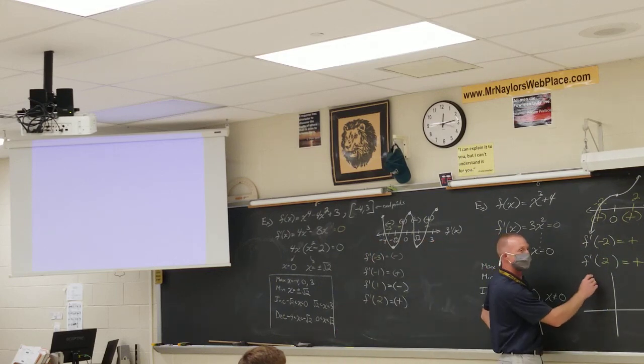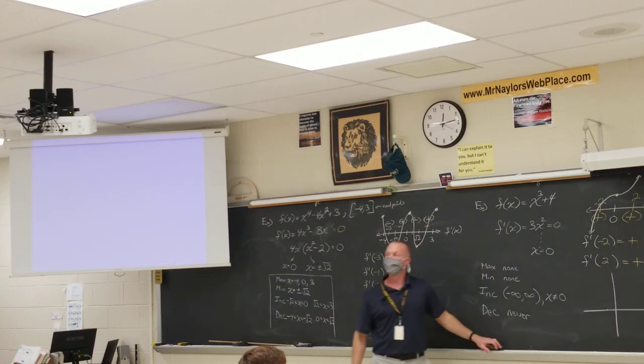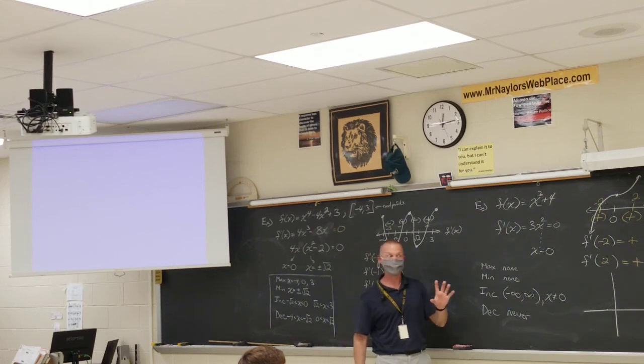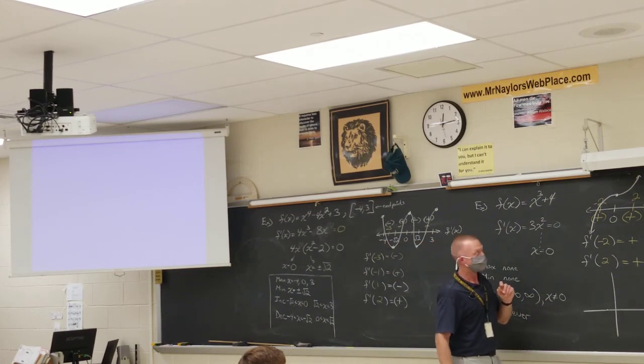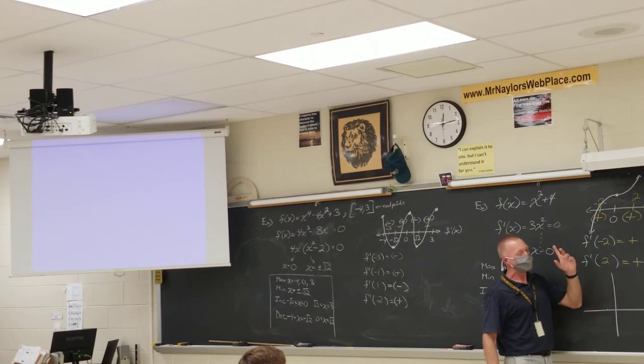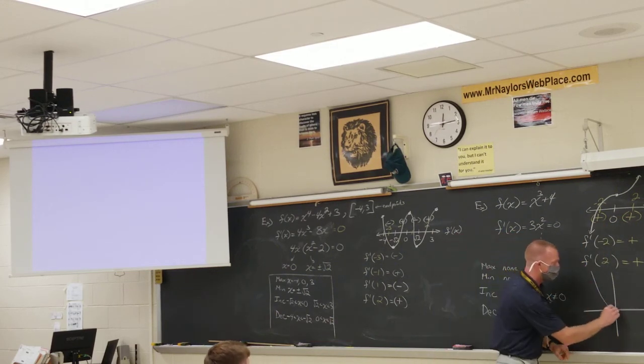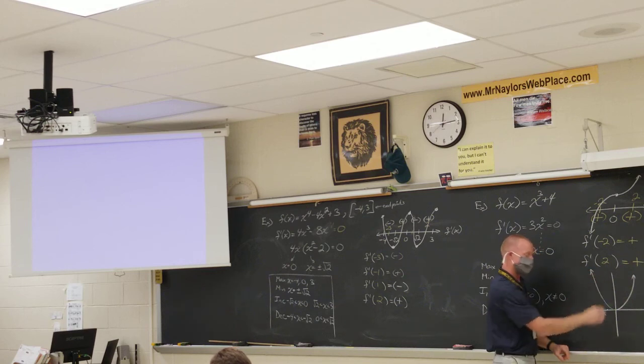Now, it's a parabola, but the most significant thing about the parabola is it's always blank. You got to kind of be careful how you say it. It's always in a positive place. What I mean by that would be the y values.